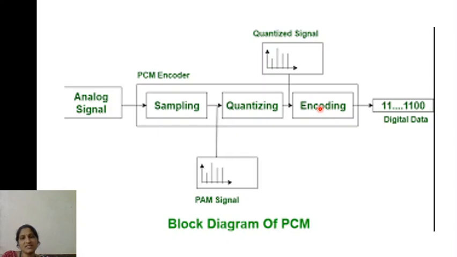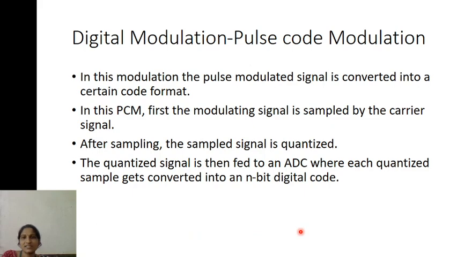The encoder consists of an A to D converter so that you will be converting this analog signal into a digital signal. Digital means it will be in the form of ones and zeros. This is the digital data. This is how you can transmit this data by using the pulse code modulation technique. Okay, so that is about the pulse code modulation.